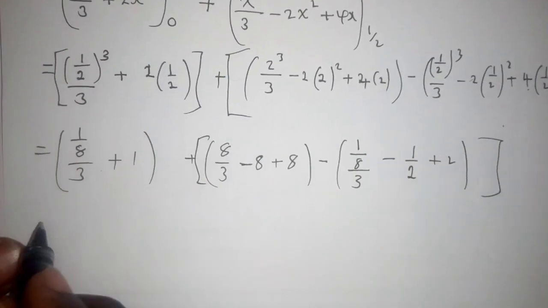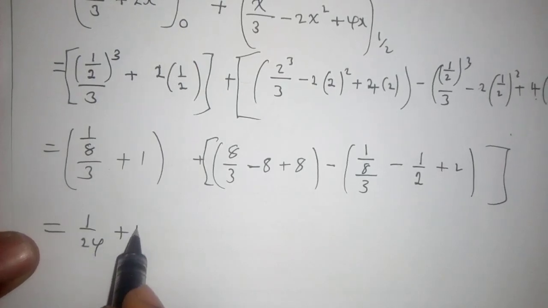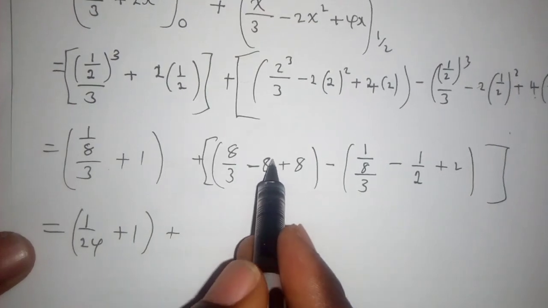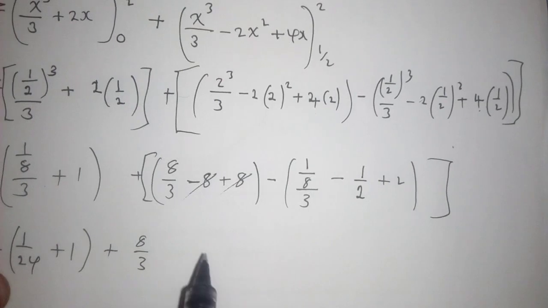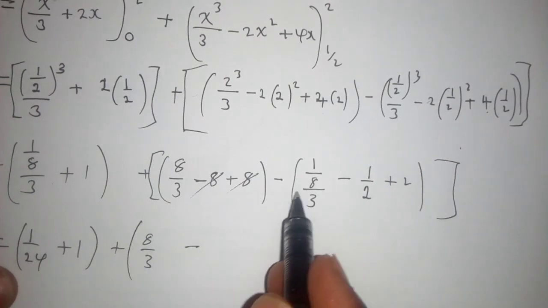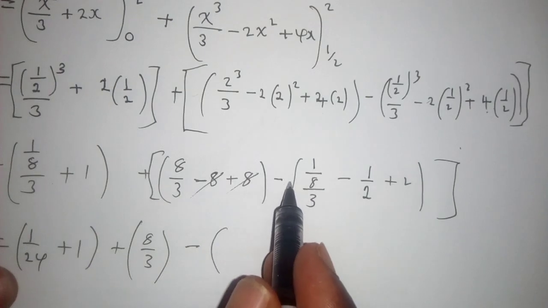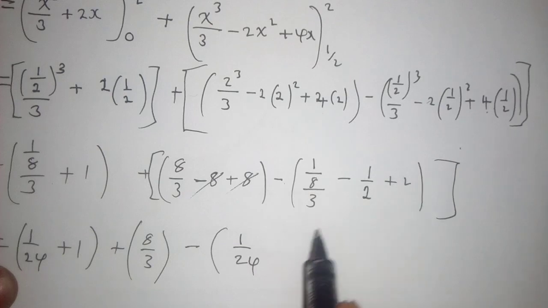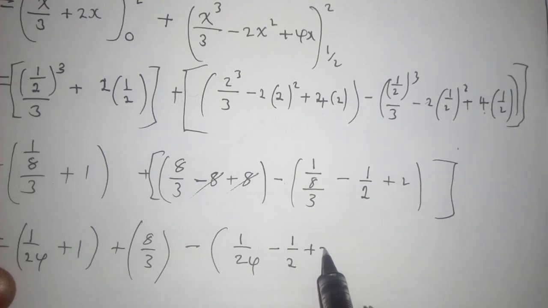So here, when we work out things, we get 1 over 24 plus 1. That is it right here. Plus here, this and this will cancel, remain with 8 over 3. Minus here, this minus, we have this minus 1 over 2 plus a 2 here.